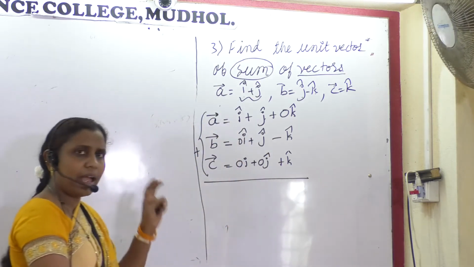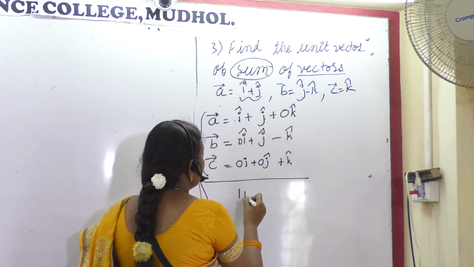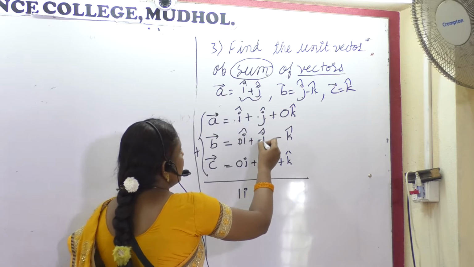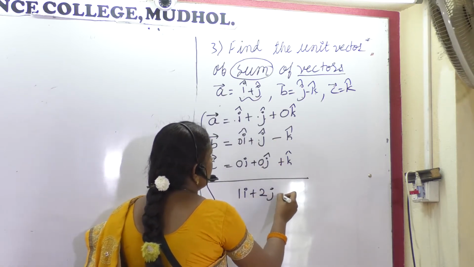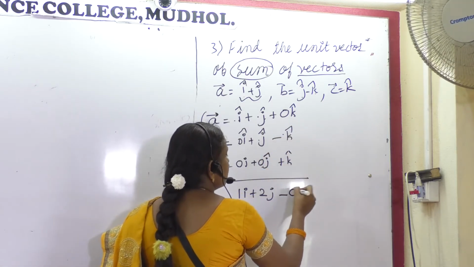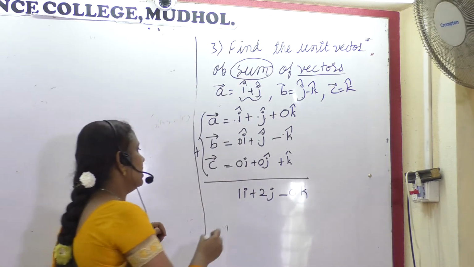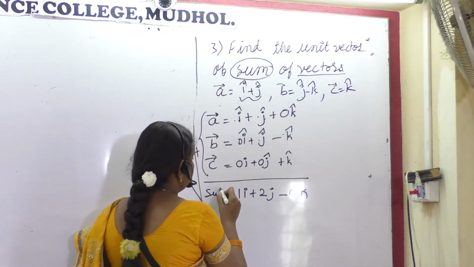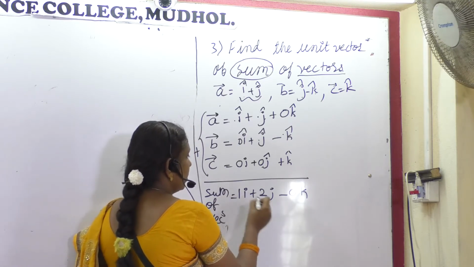Can we add directly? 1 plus 0 plus 0, 1i. 1 plus 1, 2, 2 plus 0, that is 2j. Next, minus 1 plus 1, this is 0k. So here, this is the sum of vectors. Okay.